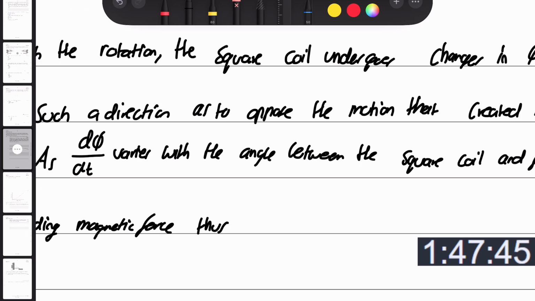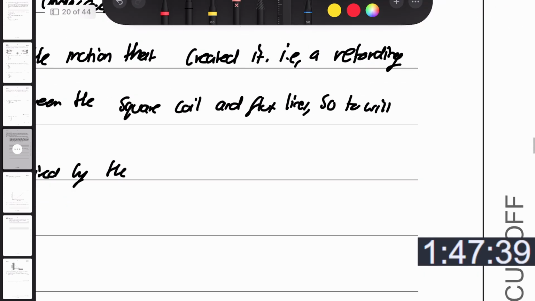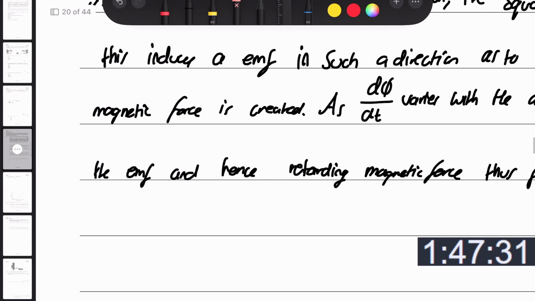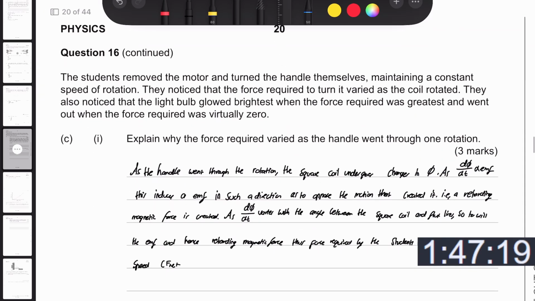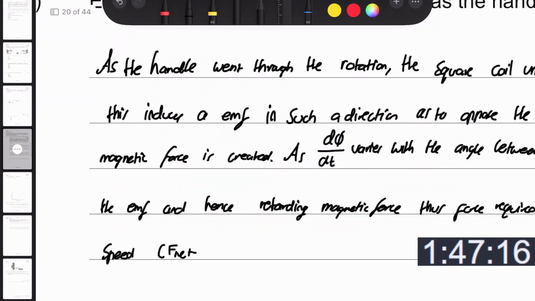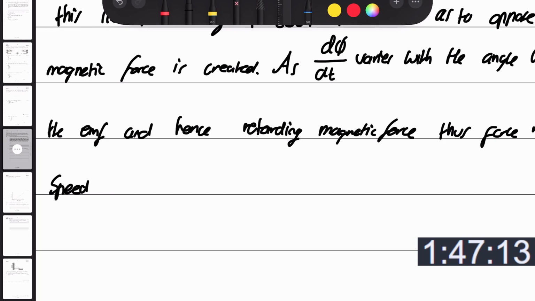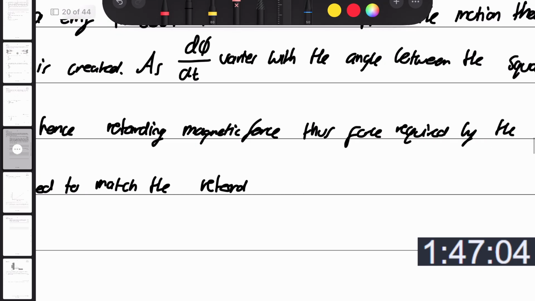Thus, the force required by students to maintain constant speed will need to vary to match the retarding magnetic force.